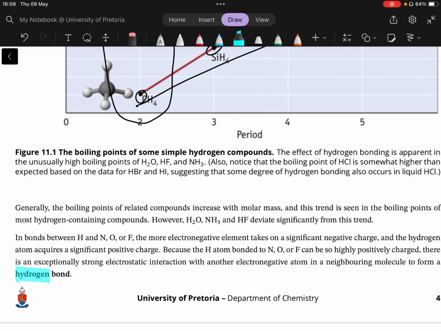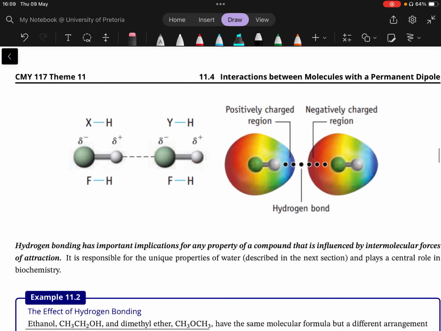So hydrogen bonding is a specific type of intermolecular interaction that plays a large part in the properties of substances. And I mention it now because you must essentially see this bond of H to X as a positive charge and a negative charge, because that explains why this bond is so polarized and has so much effect on physical properties.